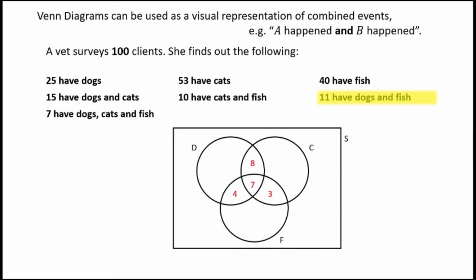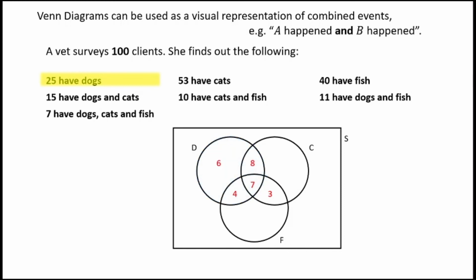So we've just started from the center, the overlap, where people owned 3 species of pet. And then we went for where people own 2 species of pet. And now we'll go for where they just own 1 species of pet. 25 people have dogs. This entire circle for D needs to contain 25.